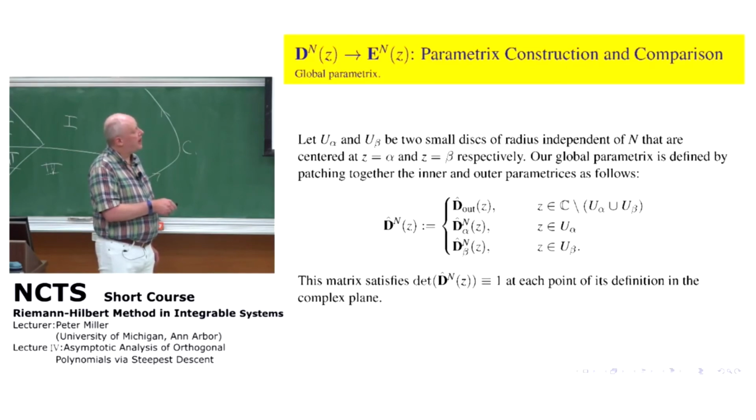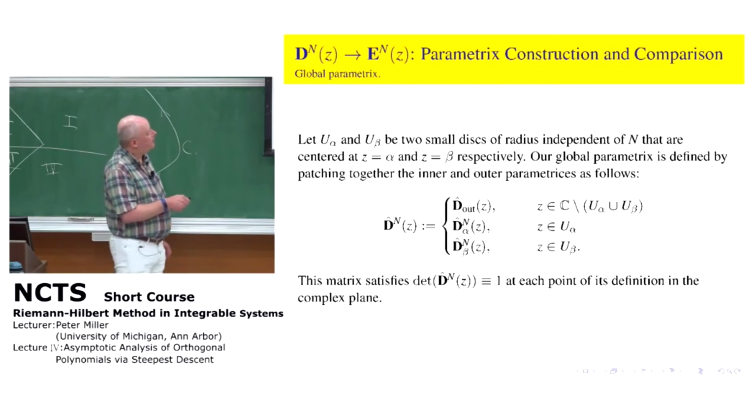If we're in disk U alpha, we use the inner parametrics corresponding to the local solution of the jumps for D near alpha, and in the disk U beta, we use the one that we just built that solves the jump conditions exactly for D in the disk U beta.